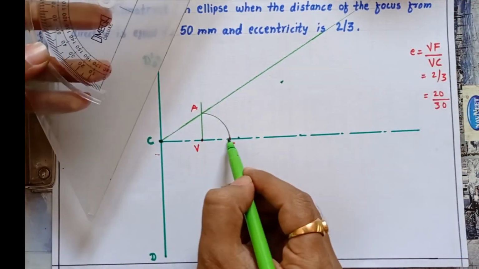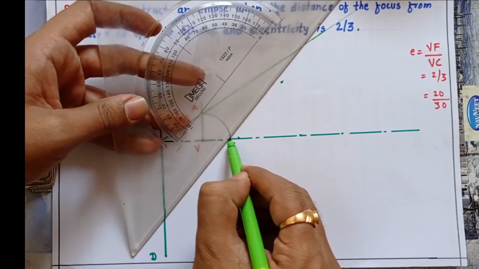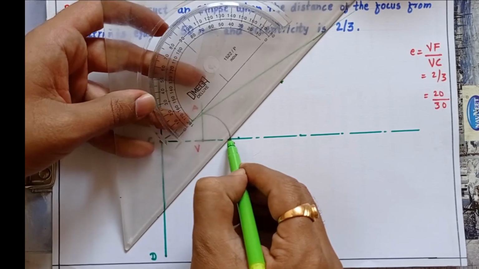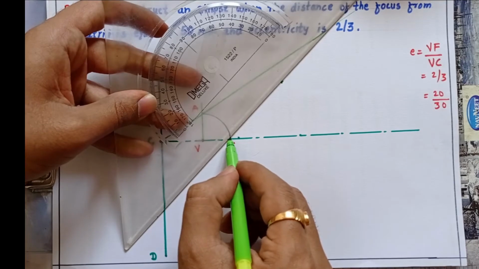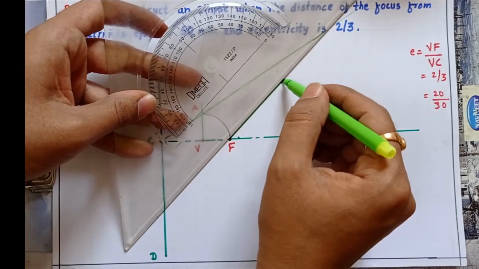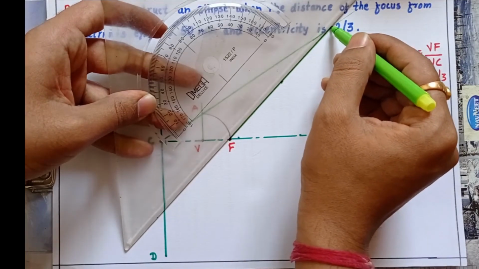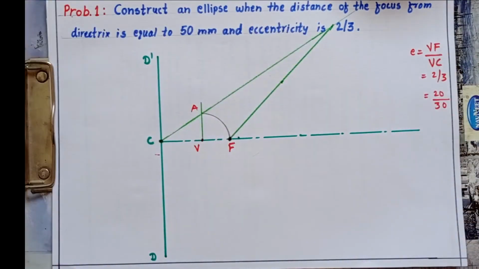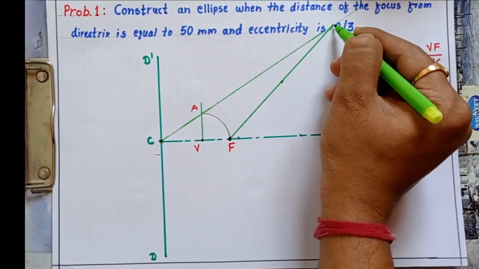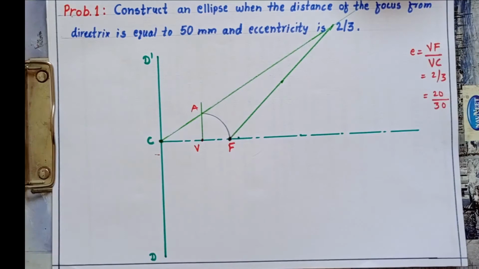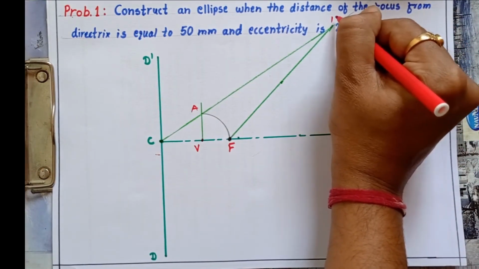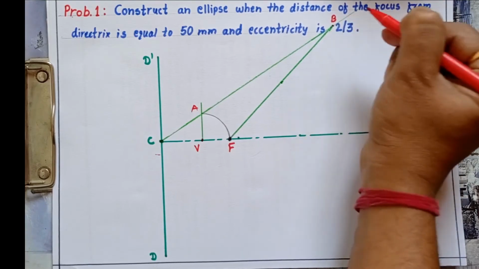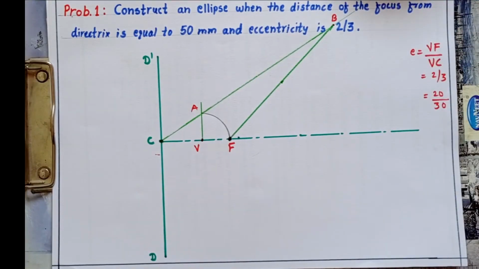Now from the point F we have to draw one line. It has an inclination of 45 degrees with the horizontal line, and we will extend it till the previously drawn inclined line, and they will meet at one point, and that point is to be named as point B. This is that intersection point.